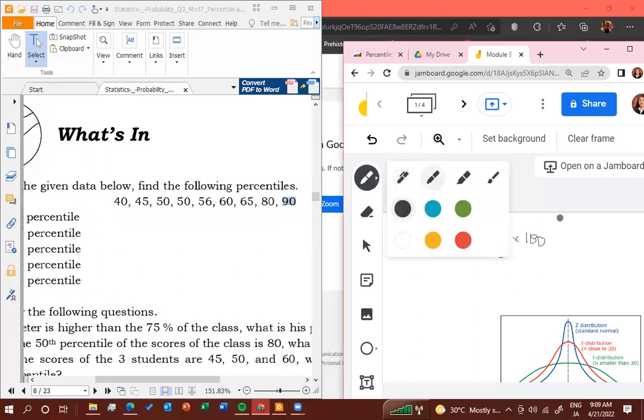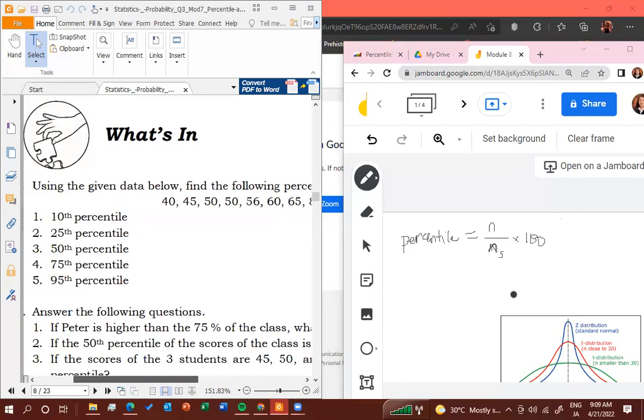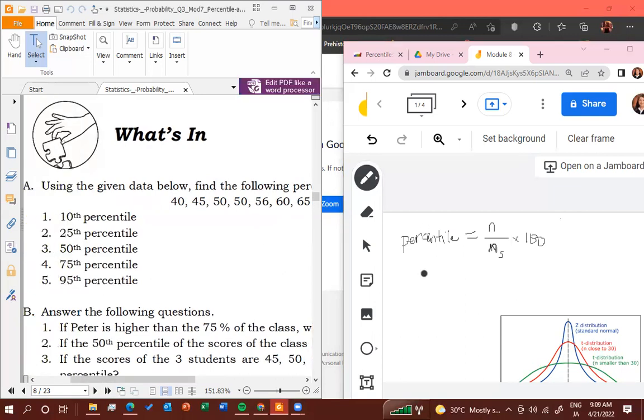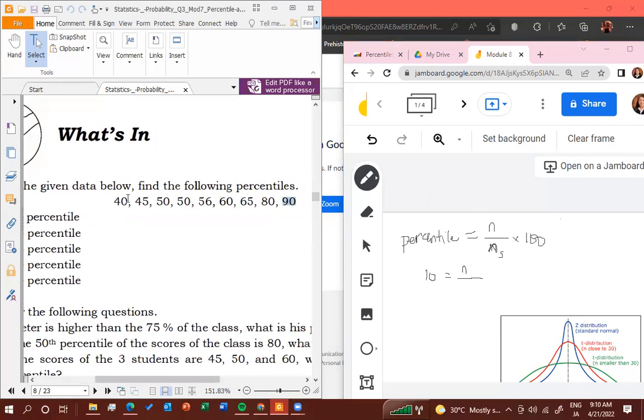Let's say we want the 10th percentile, so the percentile rank would be 10. The sample size we calculated earlier to be 9, right? 1, 2, 3, 4, 5, 6, 7, 8, 9.